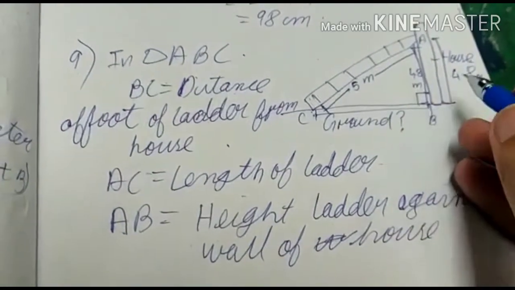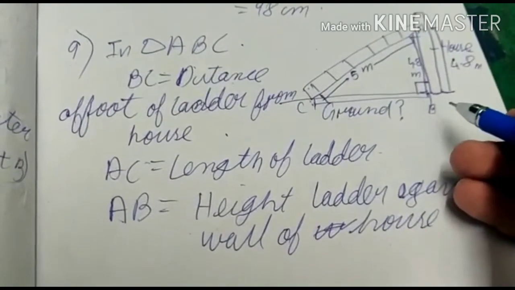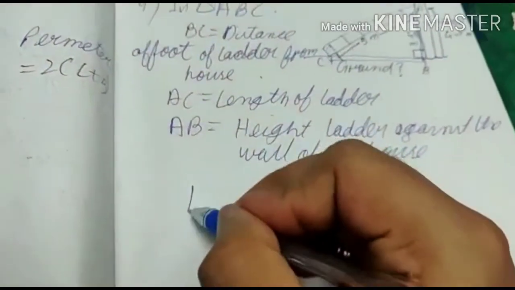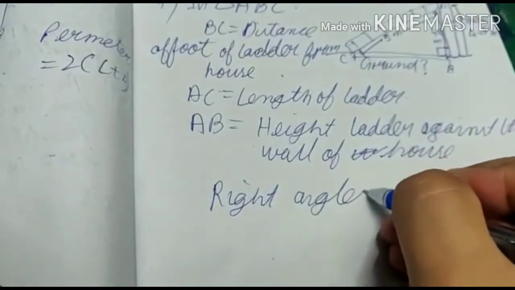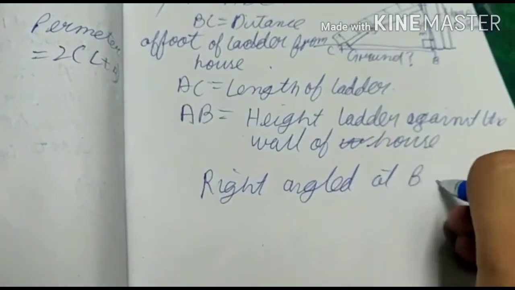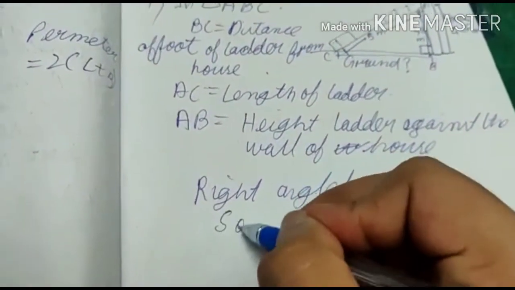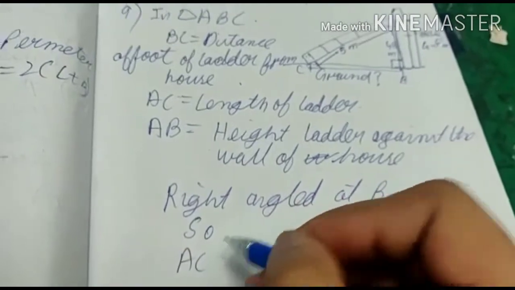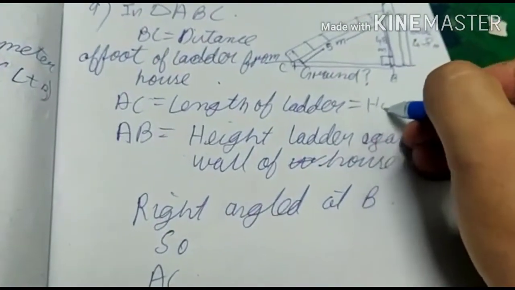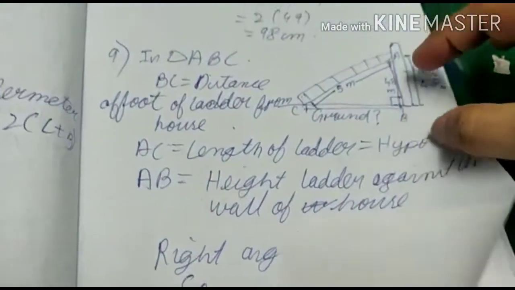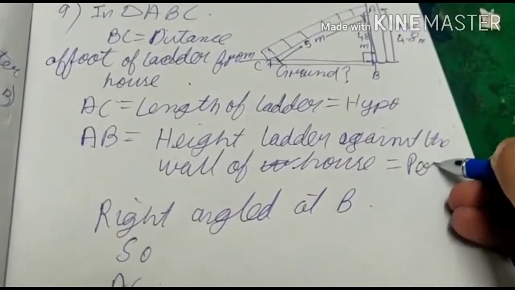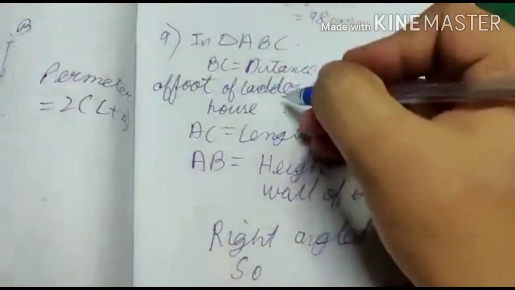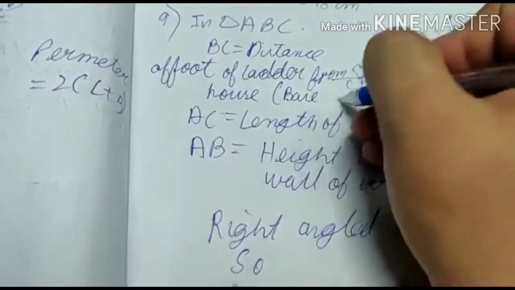ABC is right angled at B. So AC is the hypotenuse, and this standing line AB is the perpendicular, and this is the base.